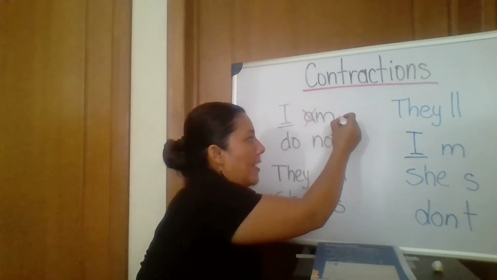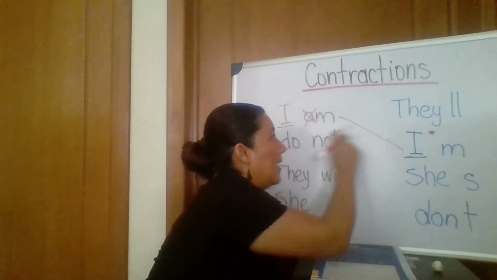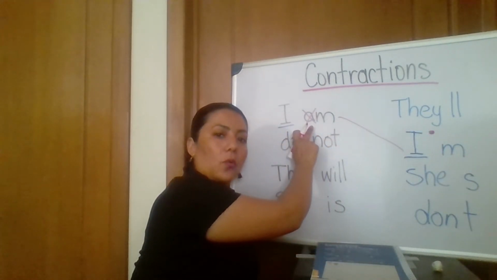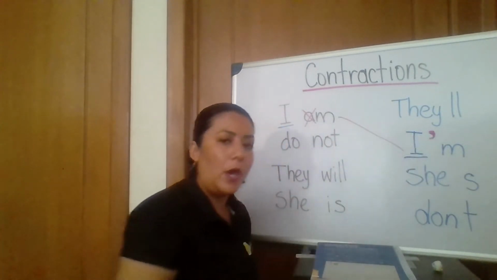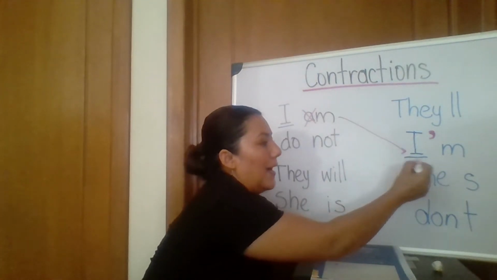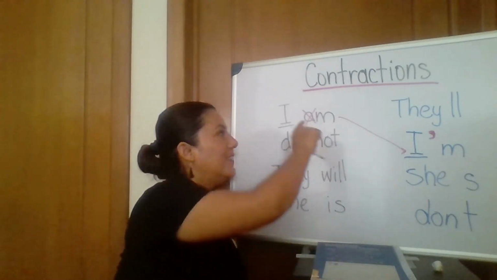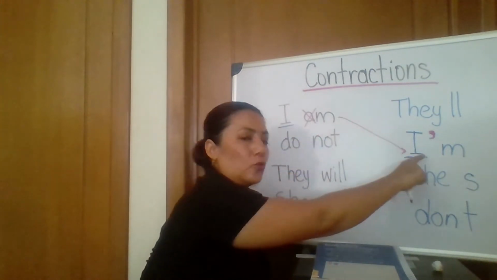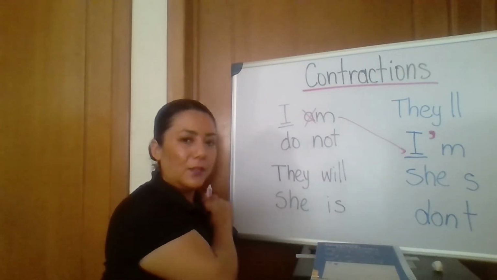I am then becomes I'm, but in the place where this letter was, we need to put an apostrophe. So now the contraction is I'm. I am, and the contraction is I'm. Good. Now look at the second one.